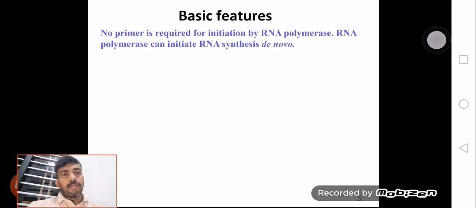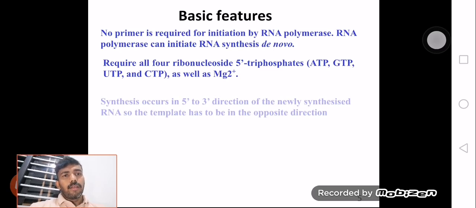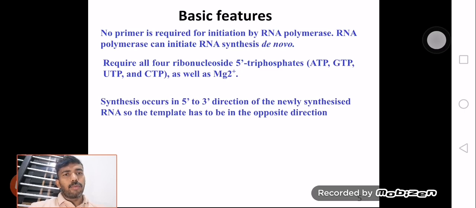And here come certain basic features. There is no primer required. It can start de novo with the addition of the first nucleotide into the system, and it requires all the basic elements, that means all the NTPs. The synthesis is in the 5' to 3' direction of the RNA molecule, and of course the template will be lying in the 3' to 5' direction.